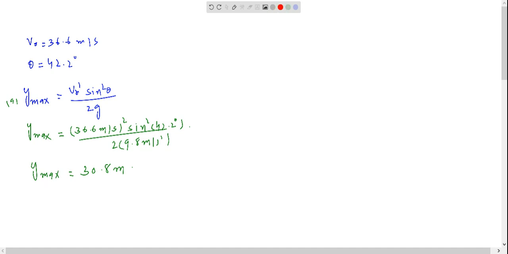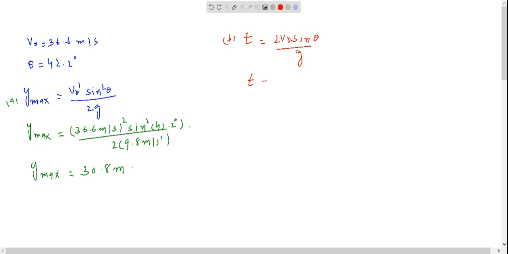To find the total time, we know that the total time of a projectile is given as 2 v naught sine theta out of g. We have the initial velocity v naught equal to 36.6 meters per second, and theta equal to 42.2 degrees.